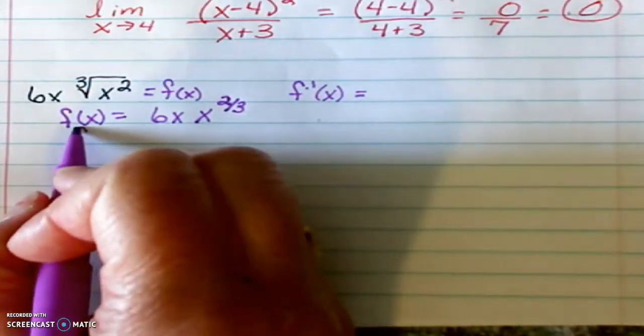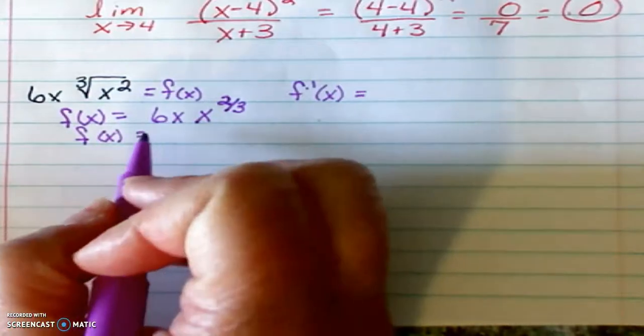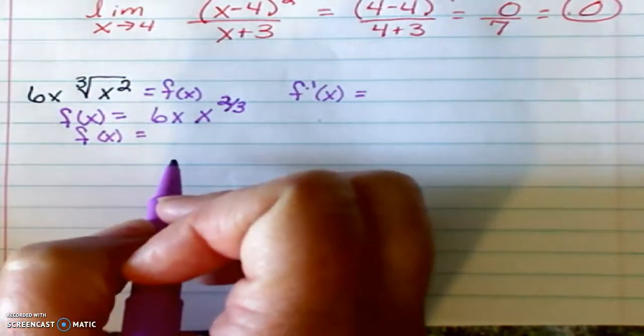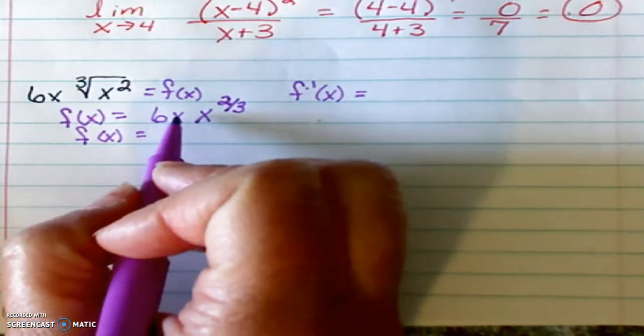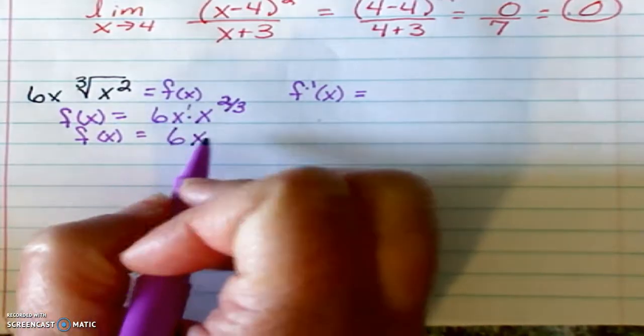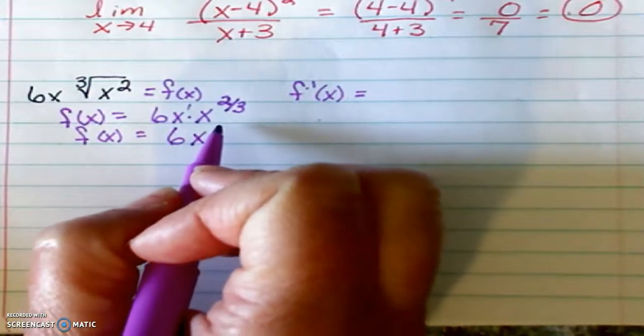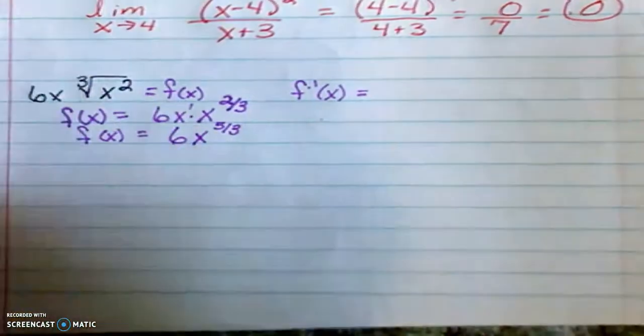Now we can still simplify that, and I recommend always writing f of x or f prime of x so you know what you're finding. If I group those x's together, when you multiply like bases, you add exponents. So f of x is the same thing as 6x to the 5/3 power.